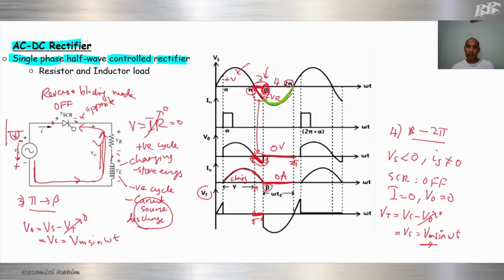So it exactly follows the input from beta to pi. Our thyristor voltage is the same as the source voltage. This one is 0. That is during the fourth cycle.